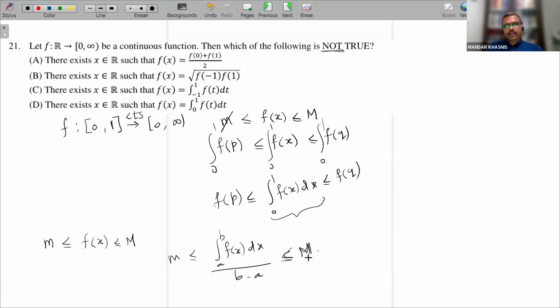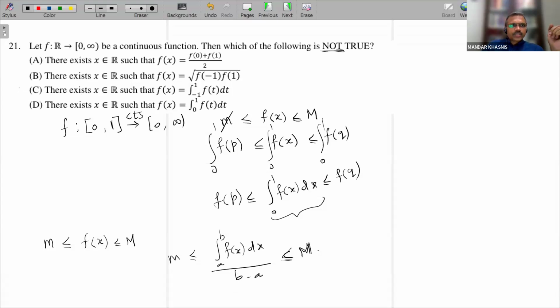So m and M are attained, and hence more generally there exists some c such that f(c)(b−a) equals the integral of the function over the interval [a,b]. Fine, good.